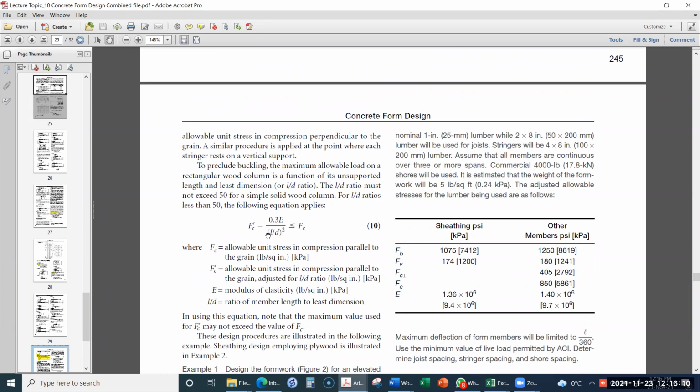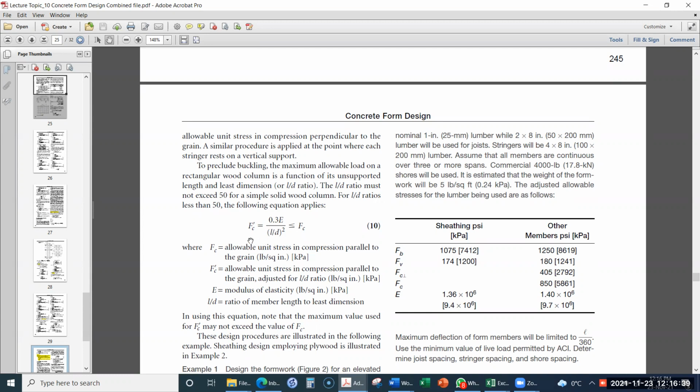So what is equation 10? Fc prime is equal to 0.3 E divided by L over D squared, which is less than or equal to F over Fc. So this equation 10 is for concentrated loads on column members. In column members, we will take this L over D ratio.